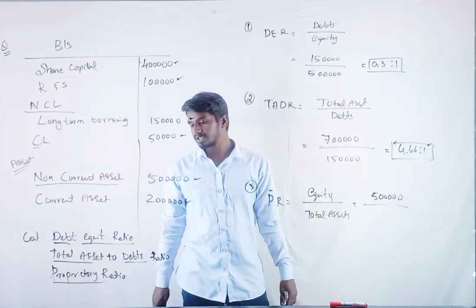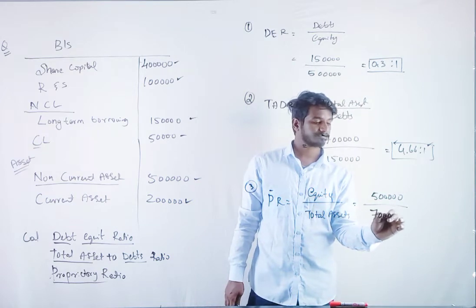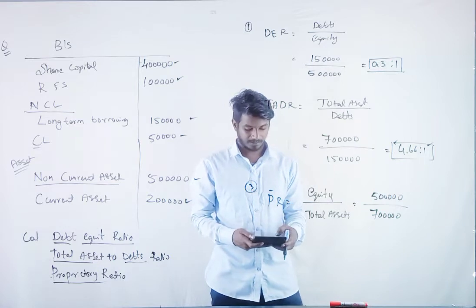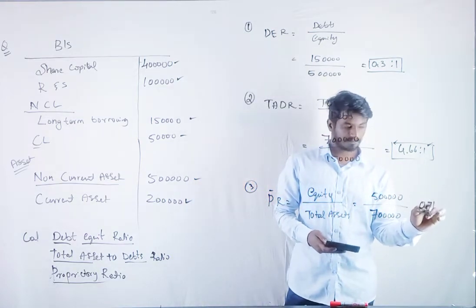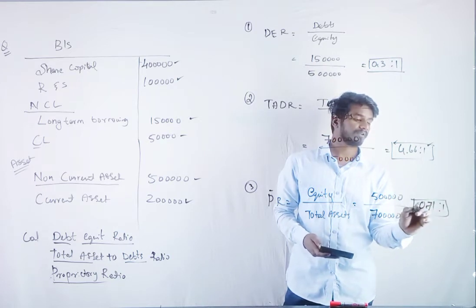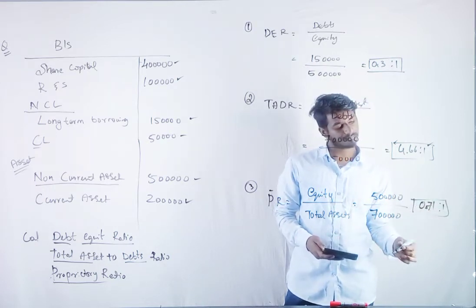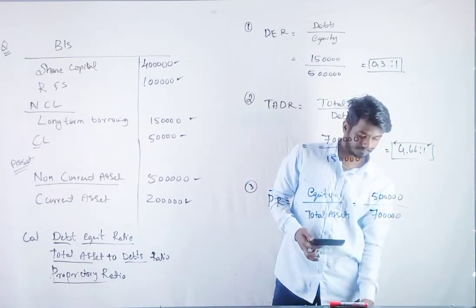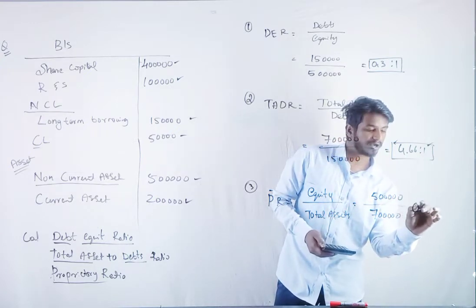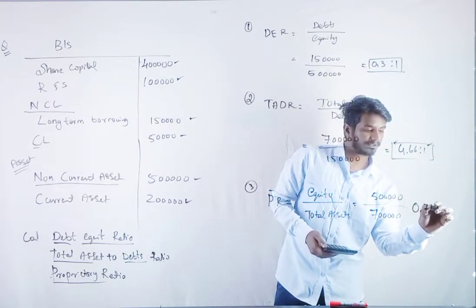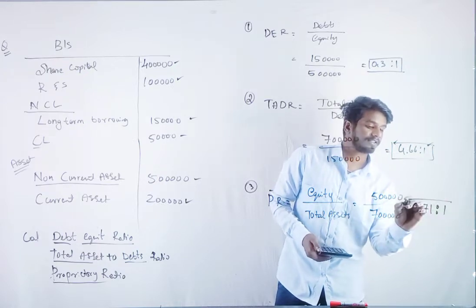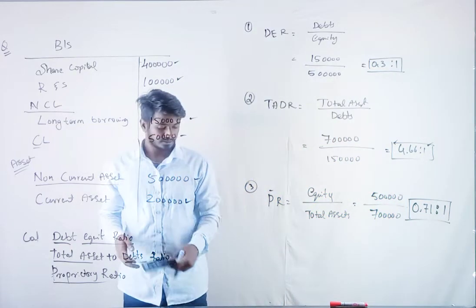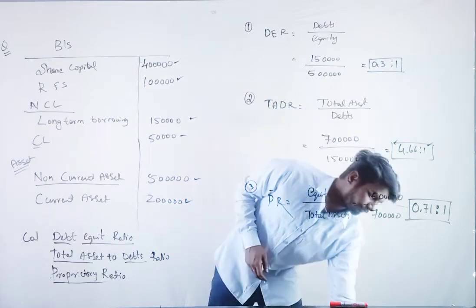Divided by how much total asset is there? 7 lakh. Simplify: 0.71 is to 1. This is the ratio that comes out for proprietary ratio. Then we have one more.